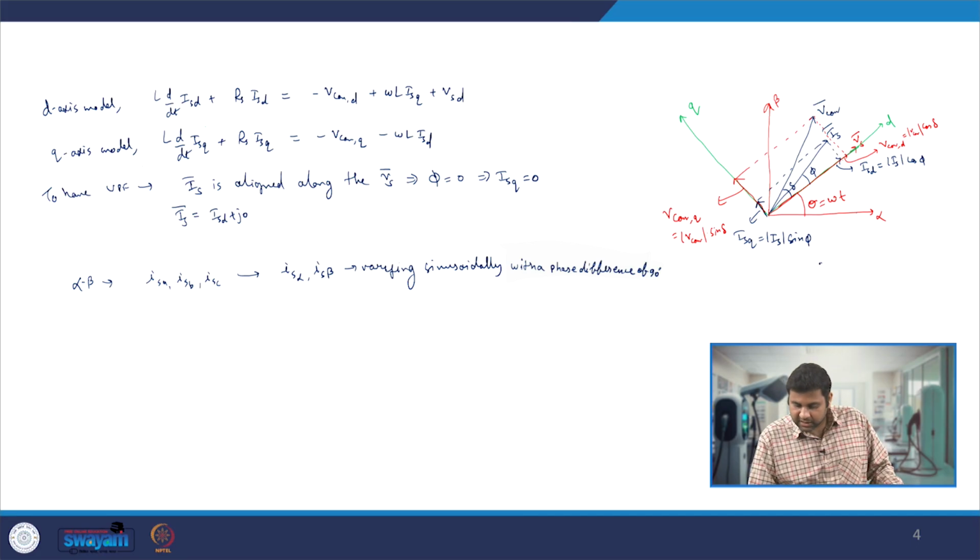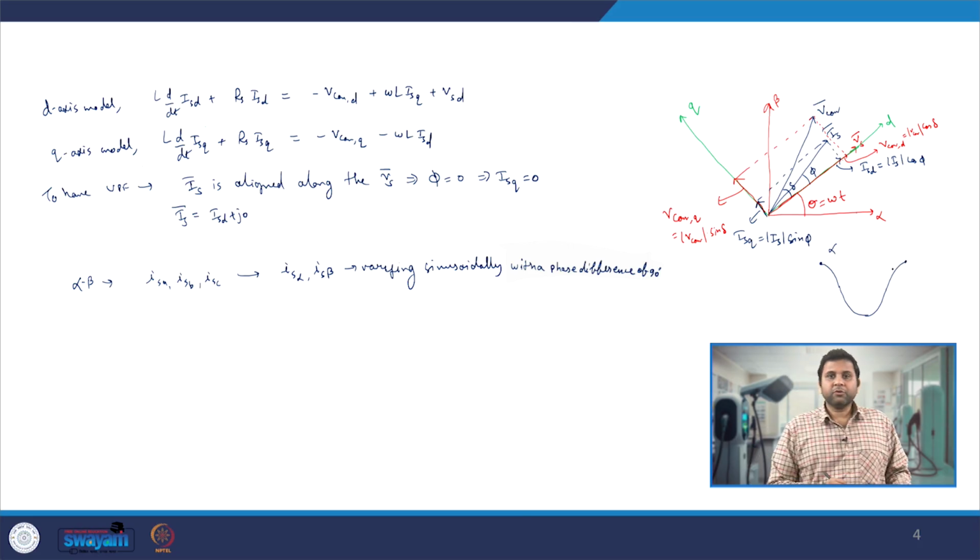So it starts from here, alpha component, Vs, or you can say Is space vector, starts from peak, it goes to beta, that is when alpha goes to 0, and then it comes back 180° where it is at maximum negative peak, and then it again goes to 0, and then finally it comes back here which is at peak. So we see that we have the sinusoidal variation like this.